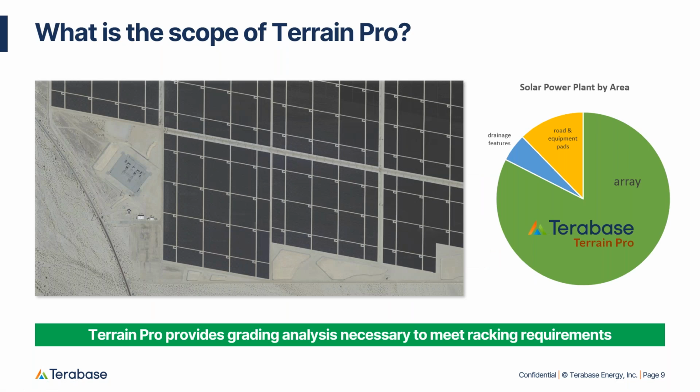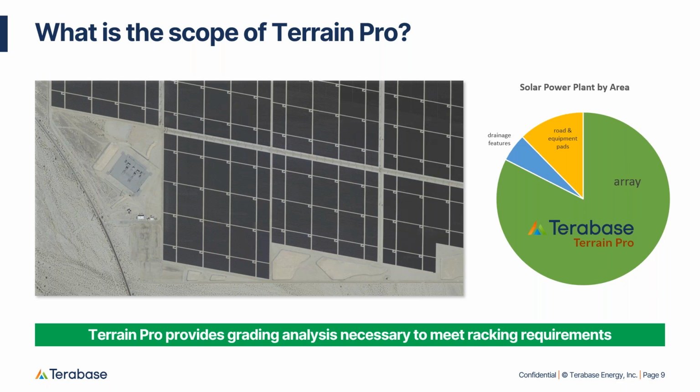And finally, I'd like to clarify the scope of Terrain Pro. It provides the grading analysis and earthwork quantities for the array area based on racking requirements. It does not provide earthwork estimates associated with roads, equipment pads, or drainage features.